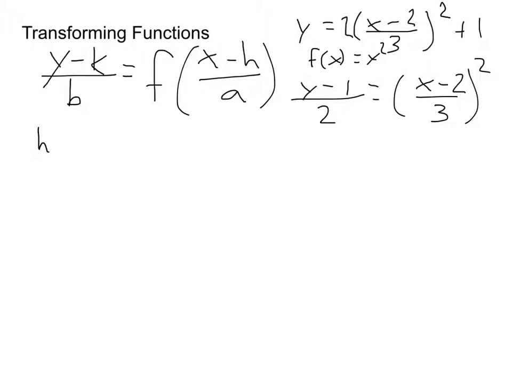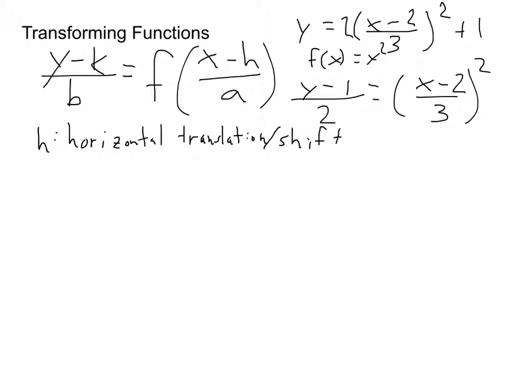So h is the horizontal translation, which is just a nice way to say shift. So translations means shift, so I'm just going to put slash shift. How does it move left or right? Horizontal translation, how does it shift left or right?